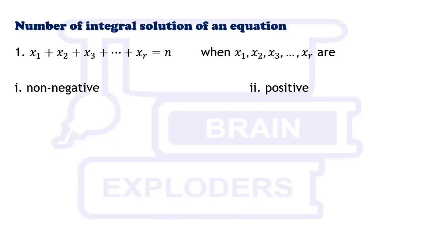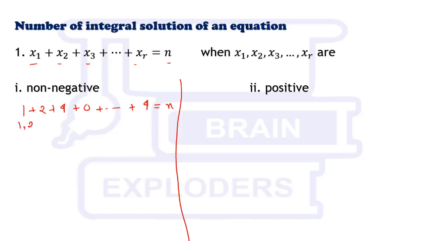With the help of these concepts, the number of integral solutions of an equation like this can also be obtained. Suppose x1 plus x2 plus x3 up to xr is equal to n, and we have to find the number of possible solutions of this equation. What does this mean? Suppose 1 plus 2 plus 4 plus 0 and so on, where elements may also be repeated, is equal to n.